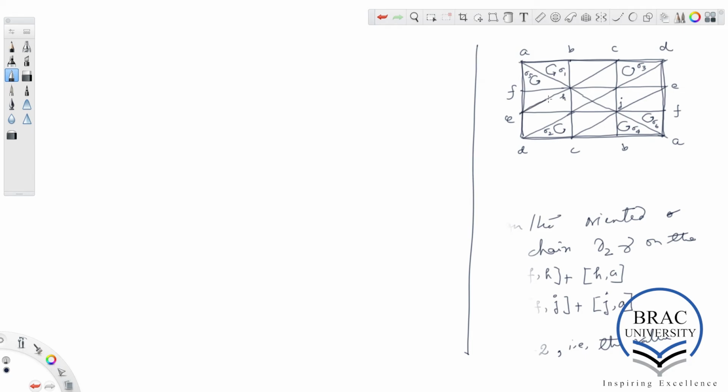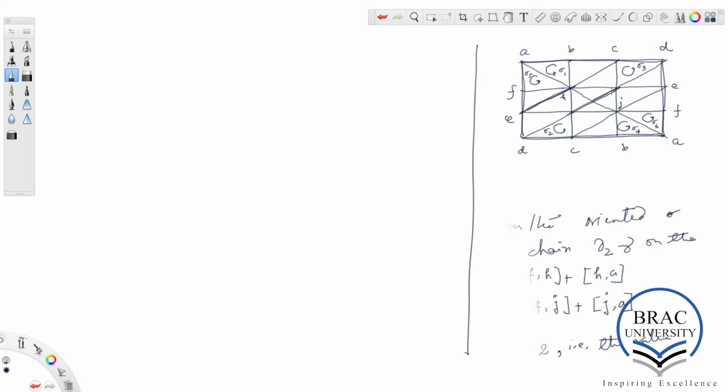So one can pick up the appropriate two simplices to show that their contribution cancels out or drops out from the expression of del 2 gamma, right?